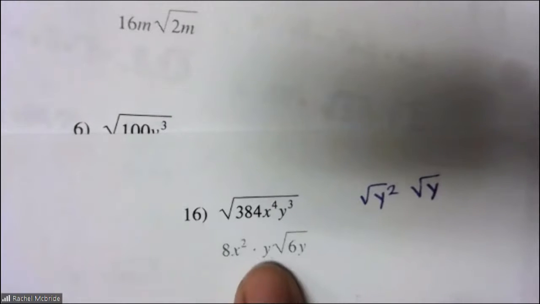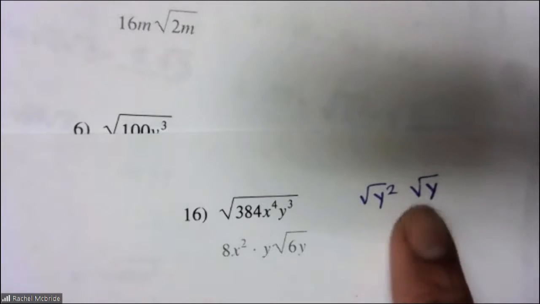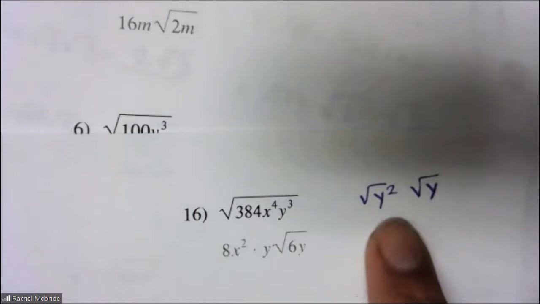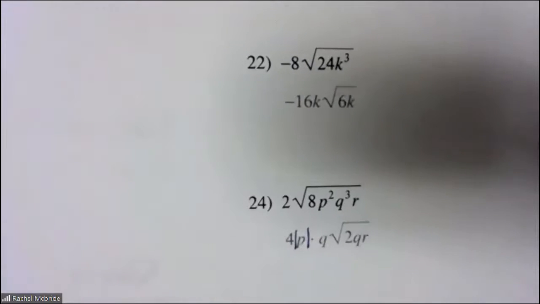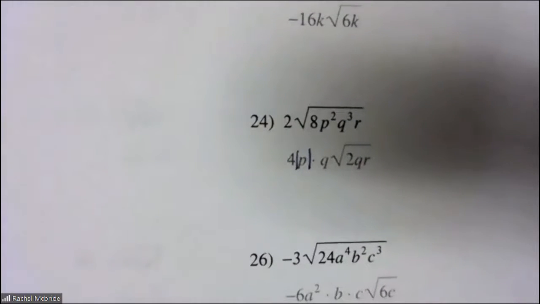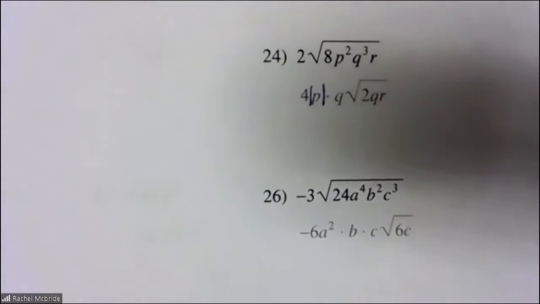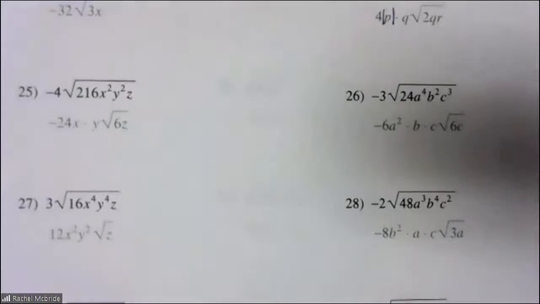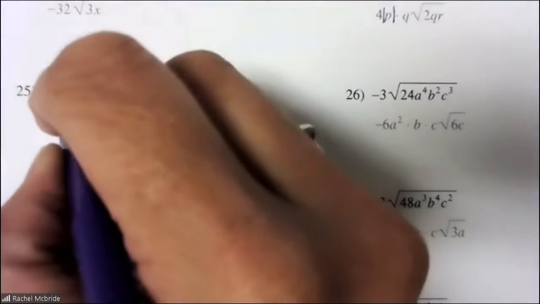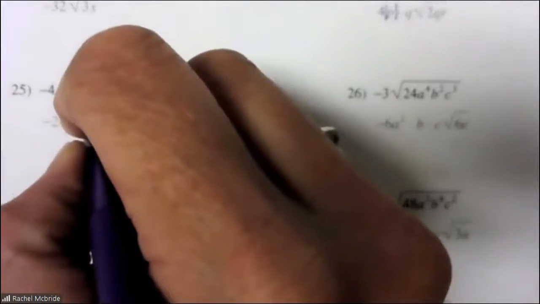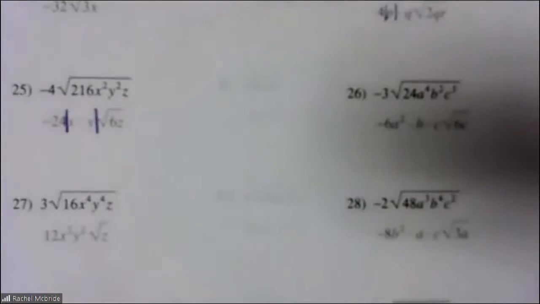So on the outside it's a y, but that one doesn't get an absolute value because it started as a cube even though it's a y squared. Maybe that's what you're thinking? Okay, and then like 25, you could have either had double absolute values, or you could put one absolute value bar around x and y.